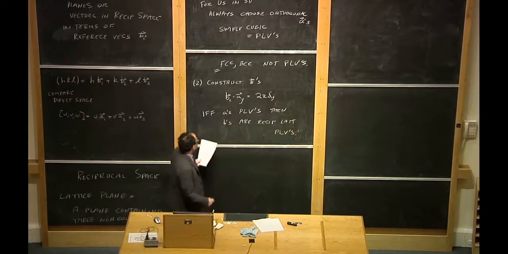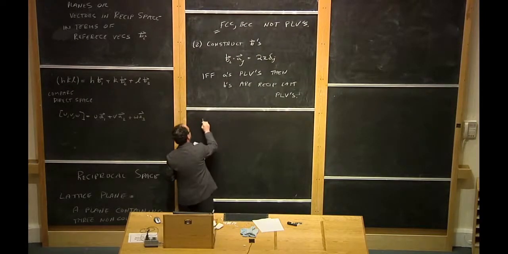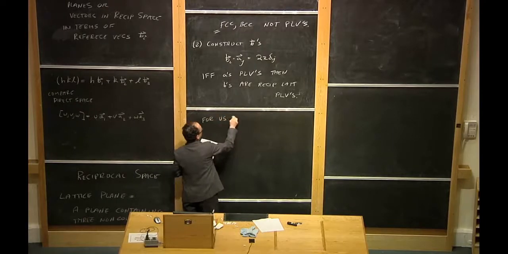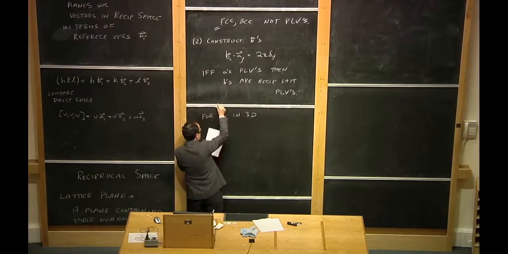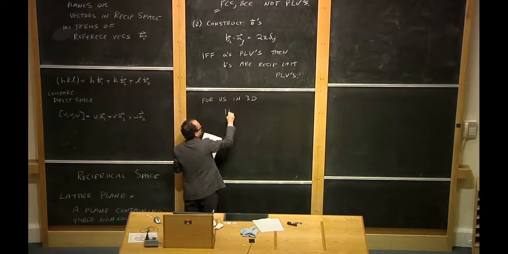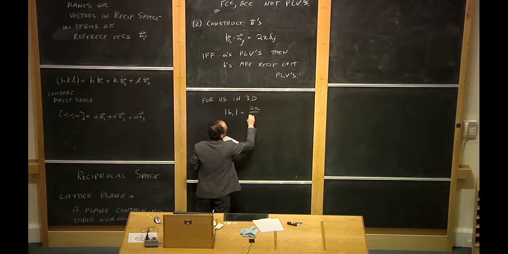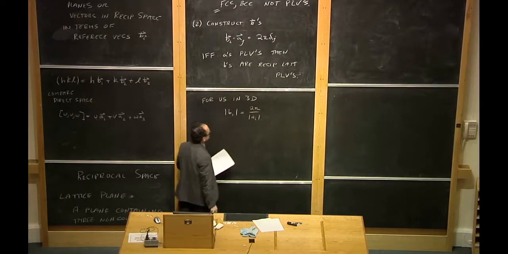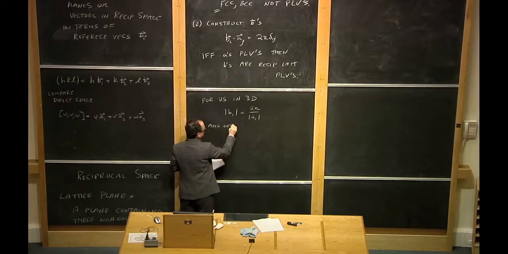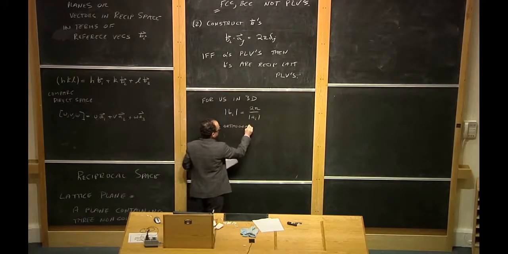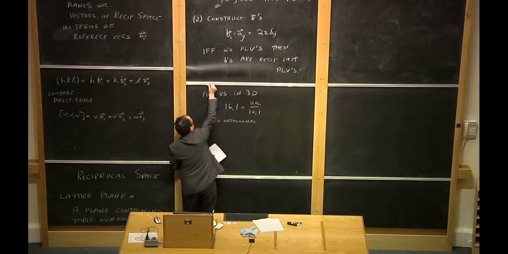Again, since we are always using orthogonal axes in 3D, it will always turn out that the absolute value of b_i equals 2 pi over the absolute value of a_i, because the axes are orthogonal. So that makes life a lot easier.